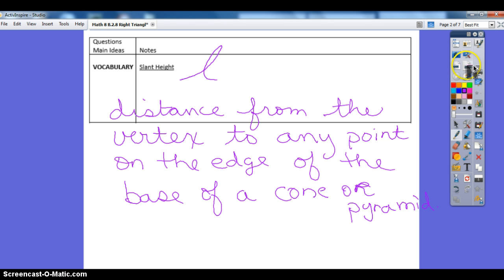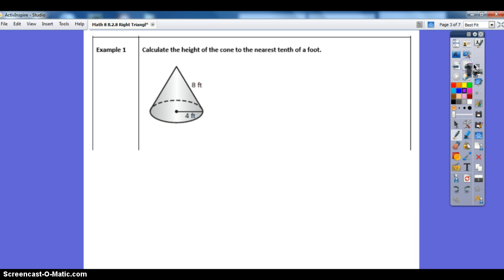Let's look at some pictures to explain that a little better. When you look at this picture, it says calculate the height of the cone to the nearest tenth of a foot. What have we been doing this whole unit? The Pythagorean theorem. So guess what we're going to have to do today?